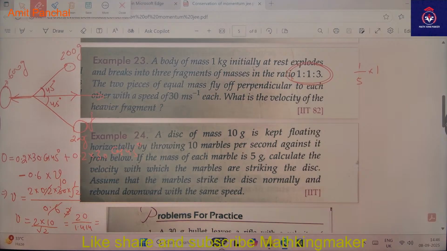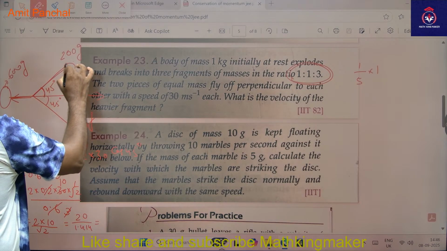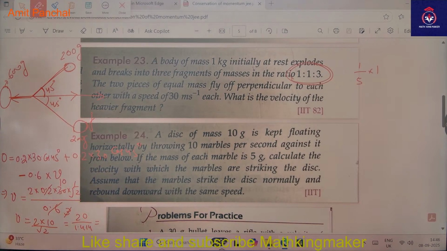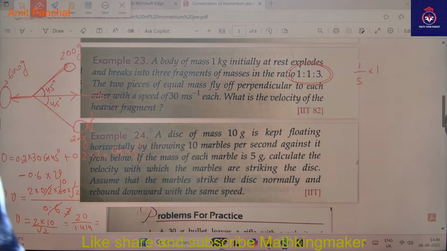But why can't we just take them? Why are we breaking it into its components? Because they are going in different directions, not in the same direction. So that's why the components come into the picture.